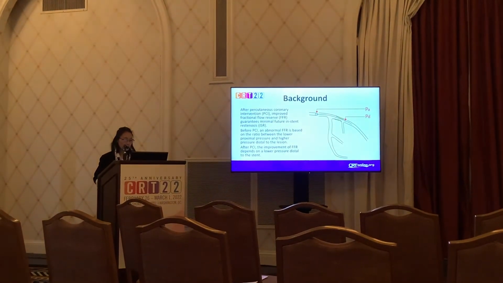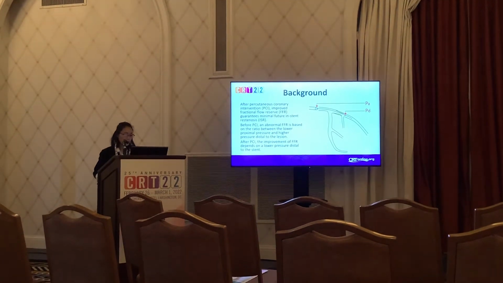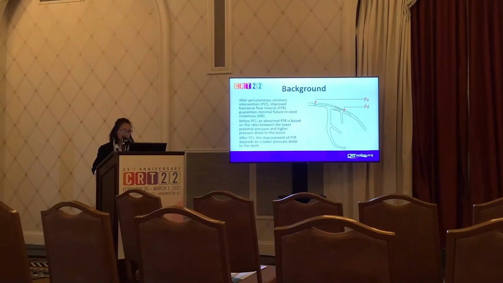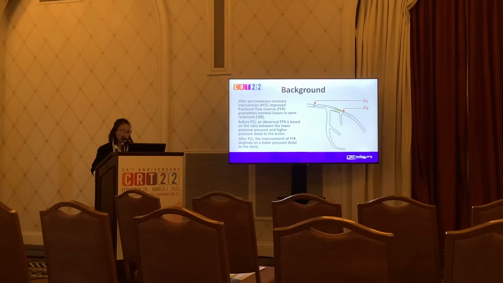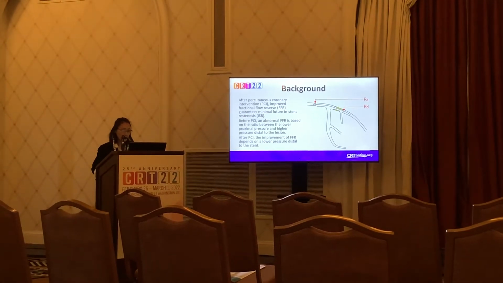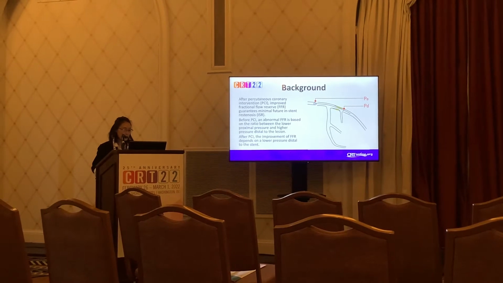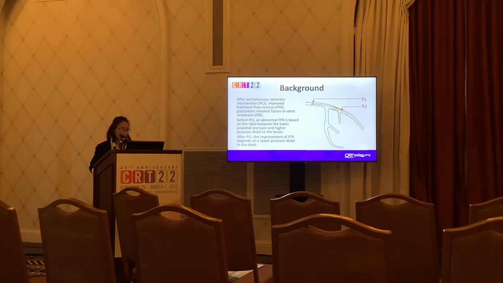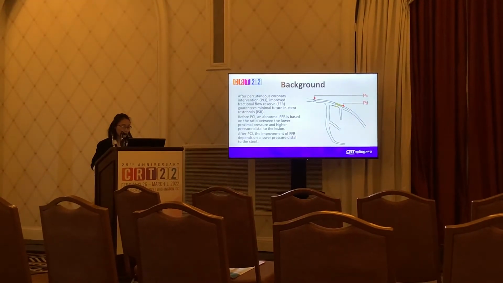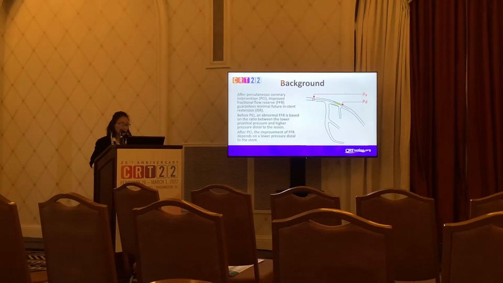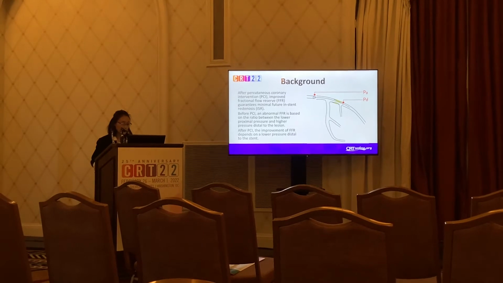The picture is shown here, but the abnormal FFR reverses this ratio. It is calculated by Pd over Pa, with lower distal pressure and higher proximal pressure across the lesion. After PCI, the improvement in FFR depends on the lower pressure distal to the stent.